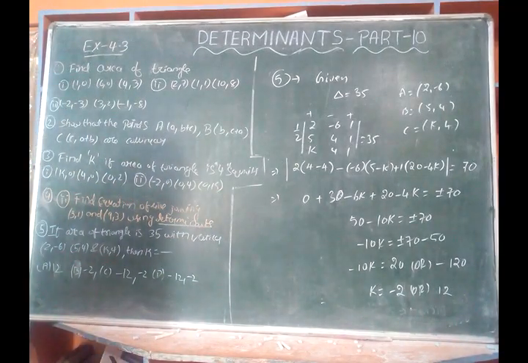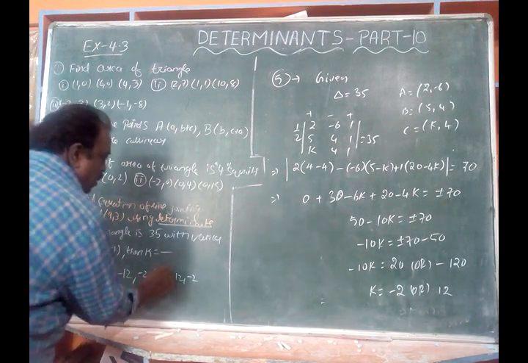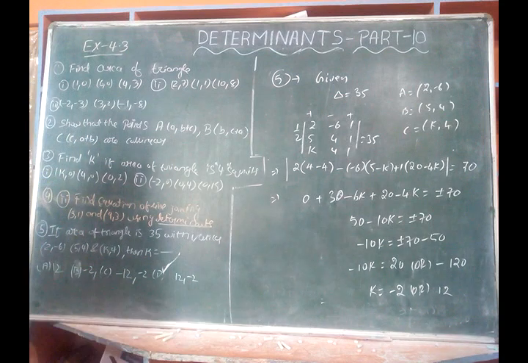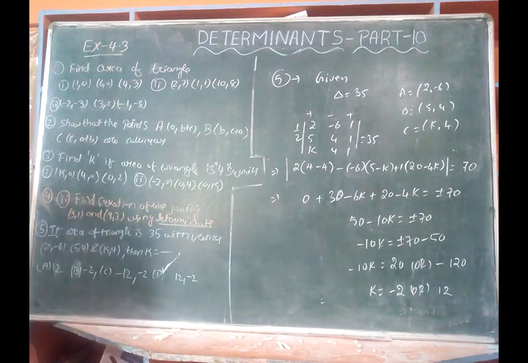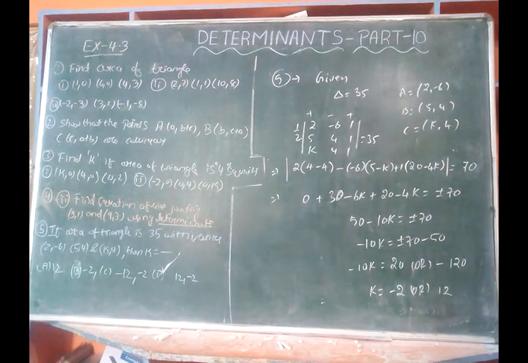You see there, this is minus 10k equals minus 50 plus 12. I think this is okay. So this is the correct option. Like this we have to solve.